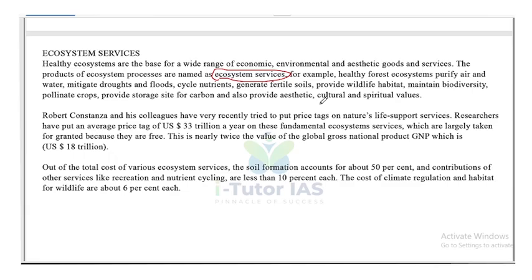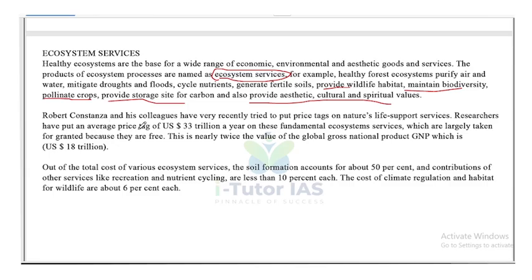For example, a healthy forest ecosystem purifies air and water, mitigates droughts and floods, cycles nutrients, generates fertile soils, provides wildlife habitat, maintains biodiversity, pollinates crops, provides storage sites for carbon, and also provides aesthetic, cultural and spiritual values. So these are all examples of ecosystem services.